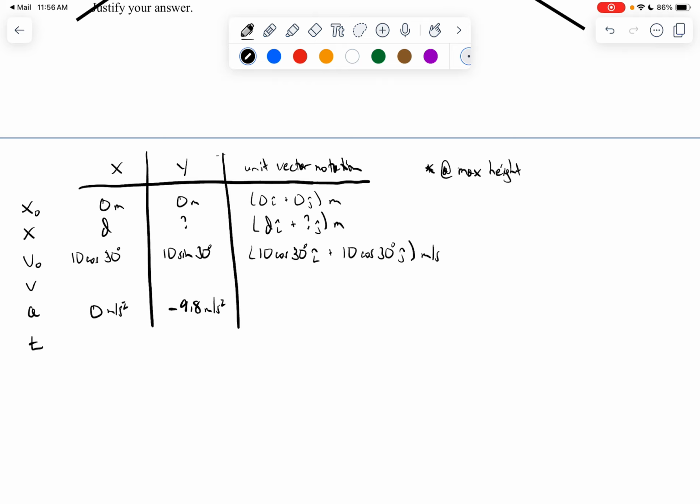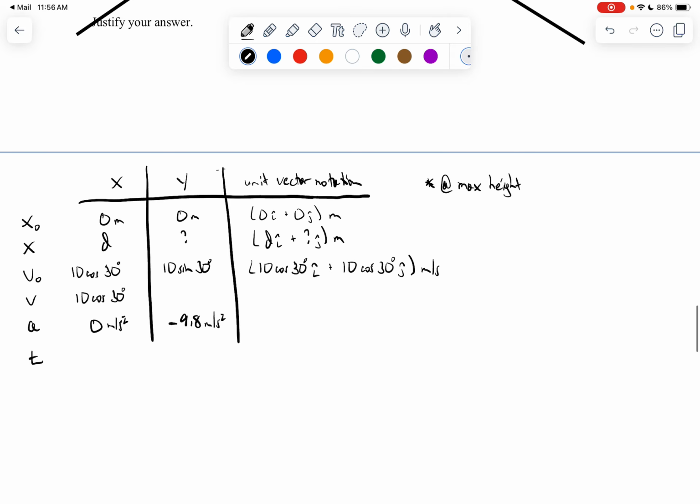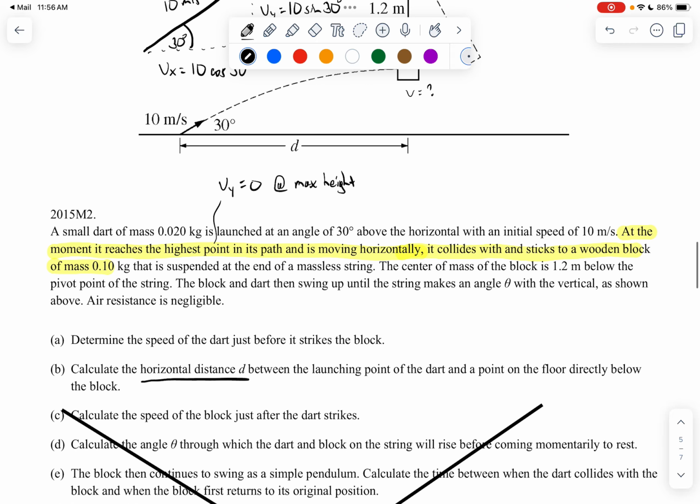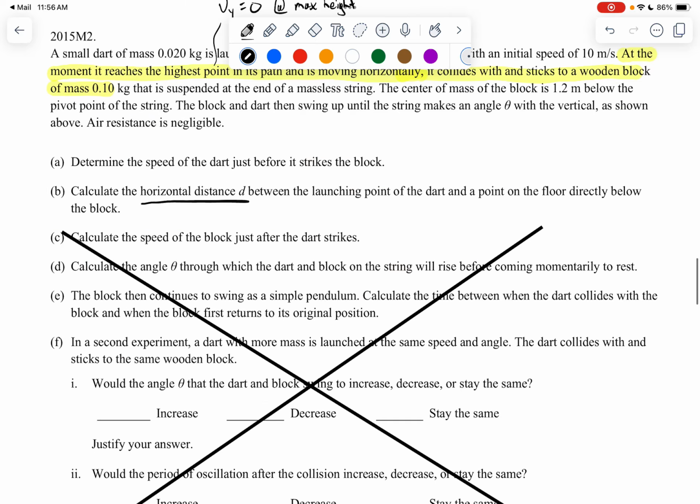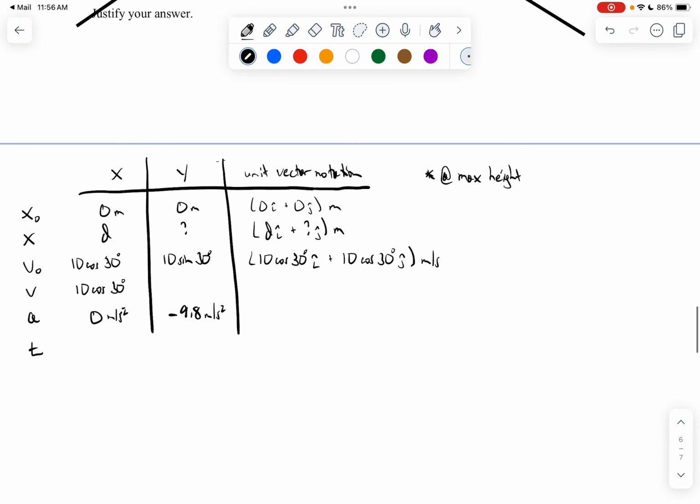So basically what this means for us is that our velocity in the x direction is going to be a constant value. So it's going to still be our 10 cosine 30 degrees. And then our y velocity, again, at that maximum height point, key thing is we say our velocity is 0 in the y direction at our maximum height. We are only traveling horizontally at that point.